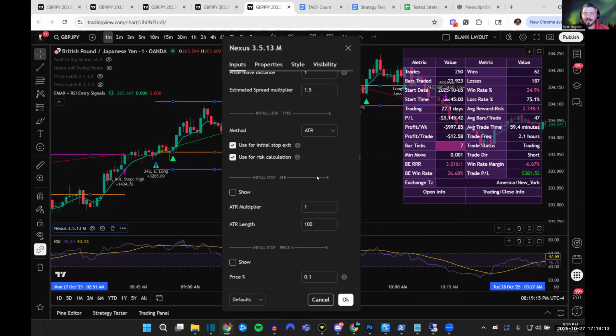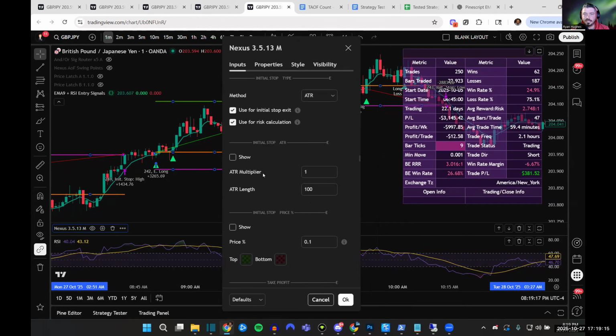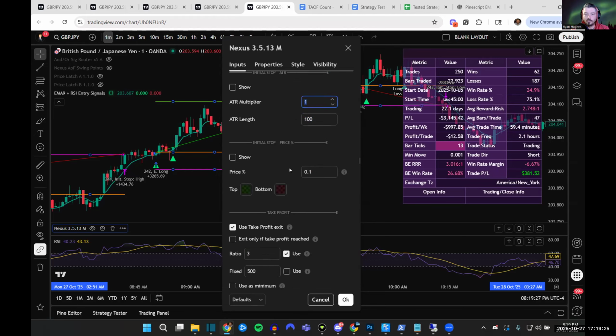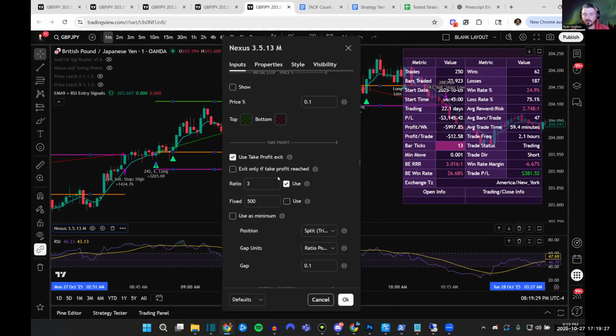What we're using as an exit right now is going to be the ATR. So we have it set to an ATR length of 100, but set to a multiplier of one. And right now we're running a risk to reward of 1 to 3. So a little bit high risk to reward at the moment.